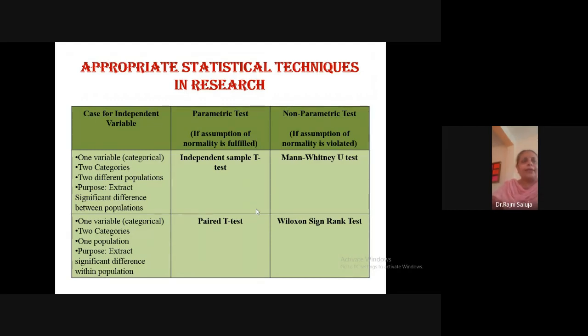Then to take another case, if there is one categorical variable with two categories, one population, and the purpose is to extract the significant difference within the population, in that case we will use the paired t-test, and for the non-parametric case the Wilcoxon signed rank test has to be applied. I hope it is clear.